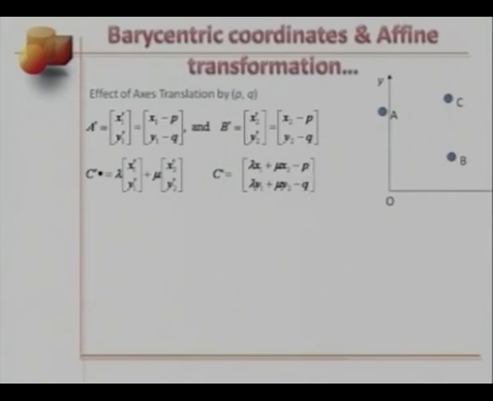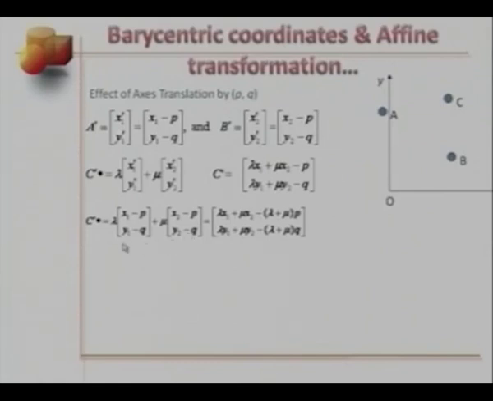Let's further see if C prime star is the same as C prime. We start with C prime star. We substitute the coordinates of x1 prime, y1 prime, and x2 prime, y2 prime from here. We get C prime star equals lambda times x1 minus p, y1 minus q, plus mu times x2 minus p, y2 minus q.